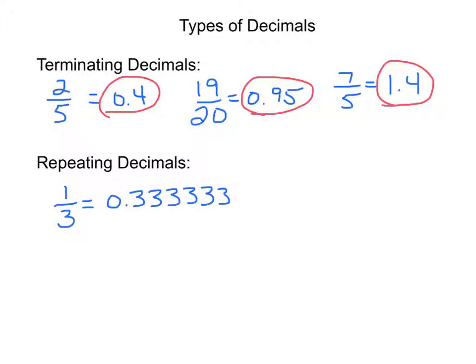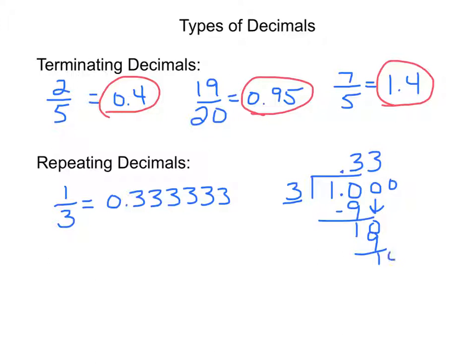And the reason for that is because if you did long division, remember 1/3 means 1 divided by 3. If I did that long division, I would be asking myself, how many times does 3 go into 10? It goes in there 3 times. 3 times 3 is 9. Subtract, I get 1, and I could bring down another 0. 3 goes into 10 3 times. 3 times 3 is 9. Subtract 1, I bring down another 0.